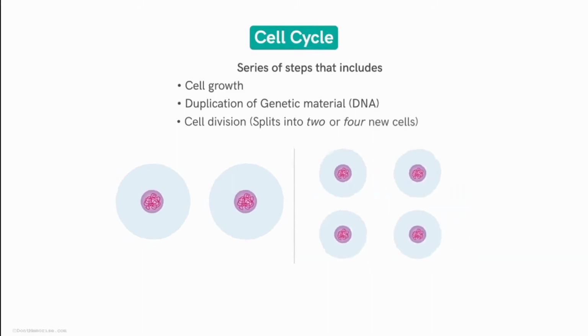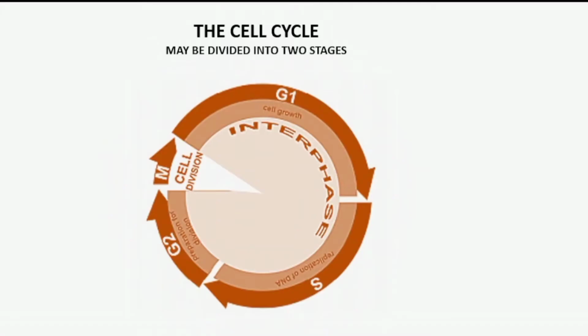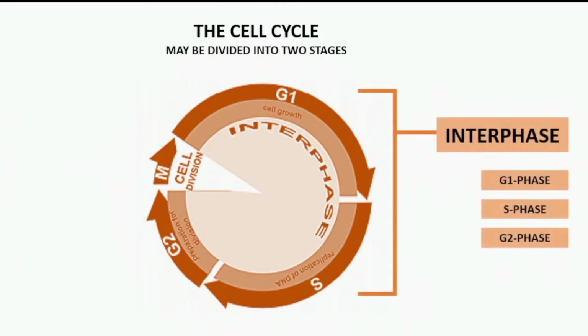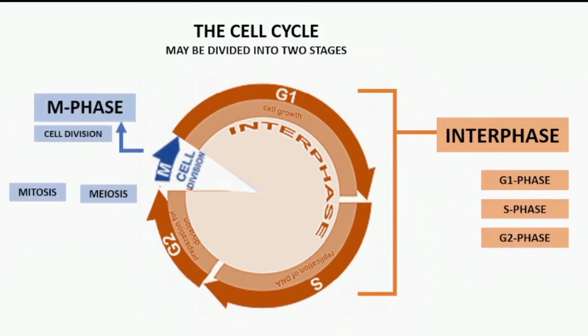This is the cell cycle. The cell cycle may be divided into 2 stages. First, we have the interphase, which includes the G1 phase, the S phase, and the G2 phase. And the second stage is the M phase, also known as the cell division, which includes mitosis or meiosis.